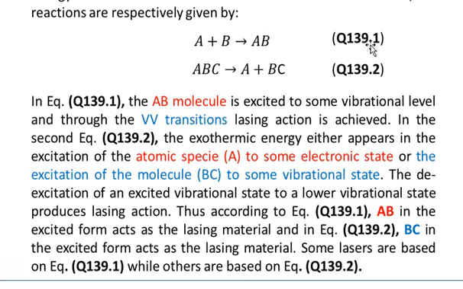So AB in equation number 1 and BC in equation number 2 on the right hand side will act as the lasing materials. Some lasers are based on equation number 1 while others are based on equation number 2. And it is also possible that in some chemical lasers, these two reactions will occur simultaneously. So both actions could be present.